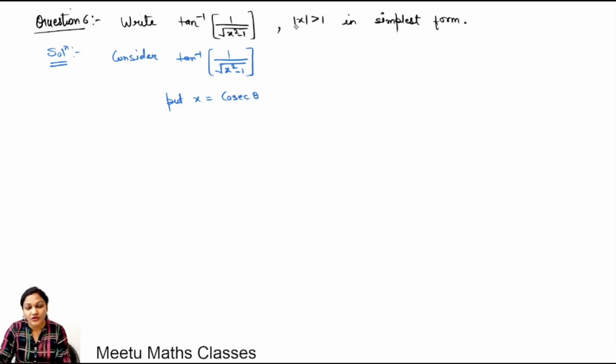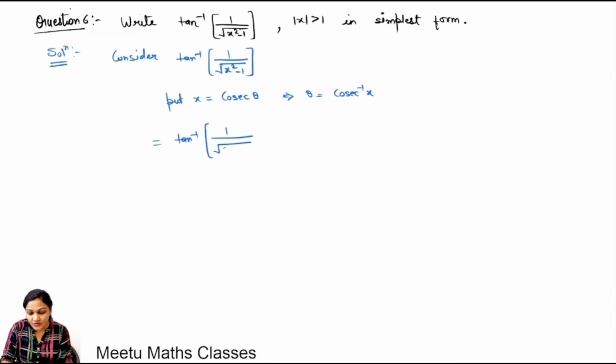Since modulus of x is greater than 1, cosec is invertible and theta will be equals to cosec inverse of x. Now your function will become tan inverse of 1 upon square root cosec square theta minus 1. And cosec square theta minus 1 is cot square theta, and square root of cot square theta is cot theta.